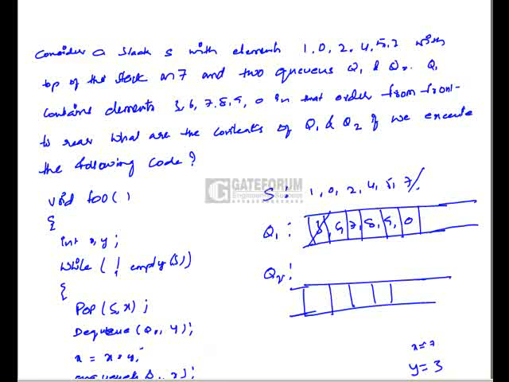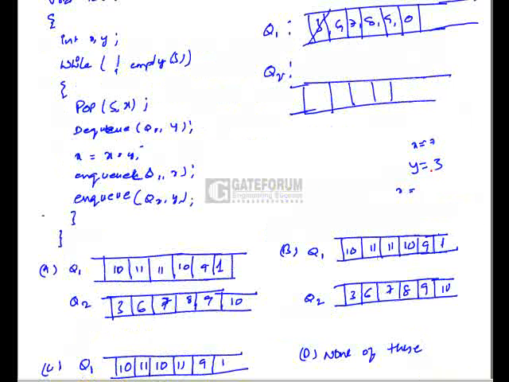Now x is equal to x plus y, that means we add these two and store it in x. So now x is equal to 10, and we insert this x into Q1, and we insert elements in the queue at the rear end. So here 10 is stored.